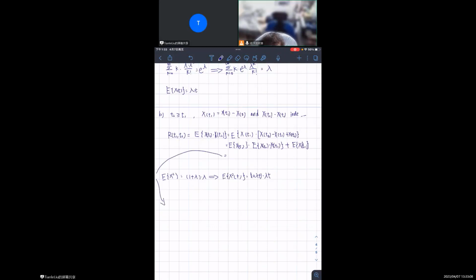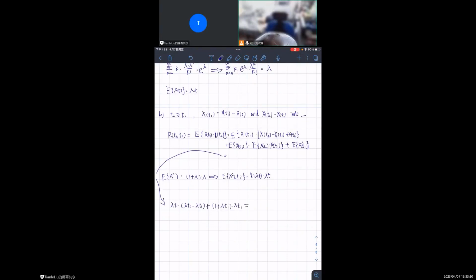So for this one, it becomes lambda t1 multiplied by lambda t2 minus lambda t1, plus 1 plus lambda t1 multiplied by lambda t1.